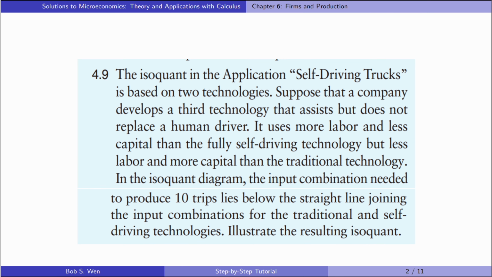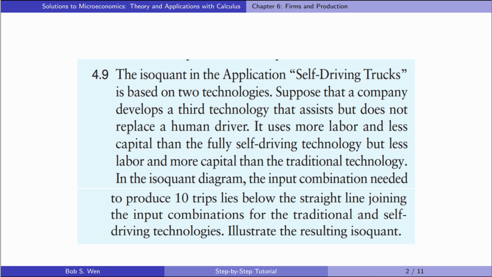Here is exercise 4.9. The isoquant in the application self-driving trucks is based on two technologies. Suppose that a company develops a third technology that assists but does not replace a human driver.